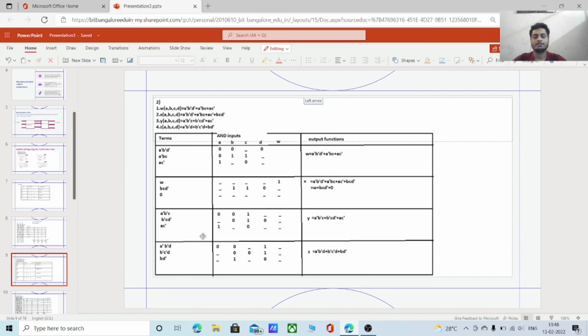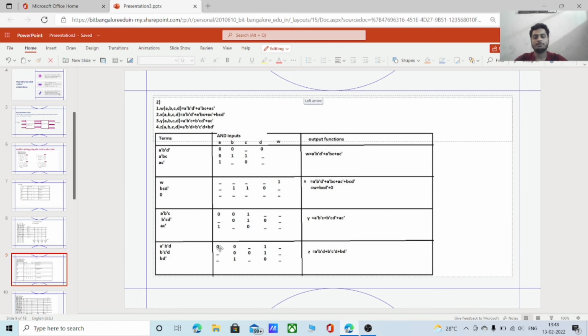For AC complement, at A it's 1, at C it's 0, and the remaining are all dash. So we can notice Y is equal to A complement B complement C plus B complement C D complement plus A into C complement. And Z is A complement B complement D, B complement C complement D plus B into D complement.